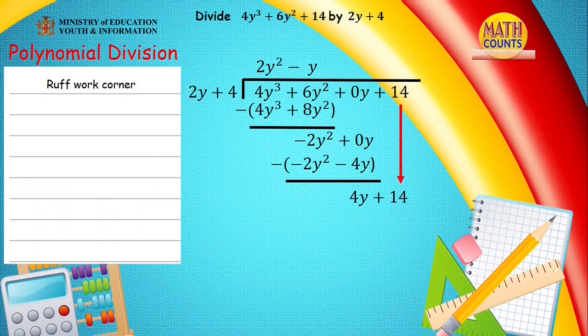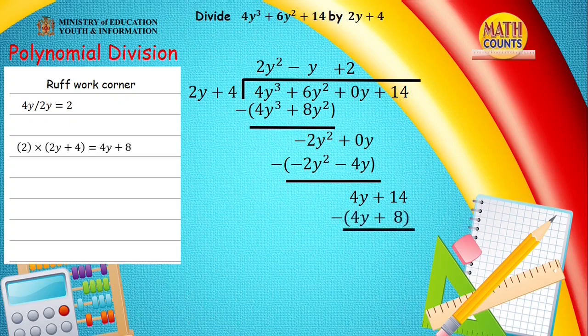We're going to divide 2y into 4y, and that gives us a positive 2. We're going to multiply that 2 by 2y plus 4. That's going to give us 4y plus 8. We're going to do the subtraction again. And again, look what happens when we distribute our minus sign.